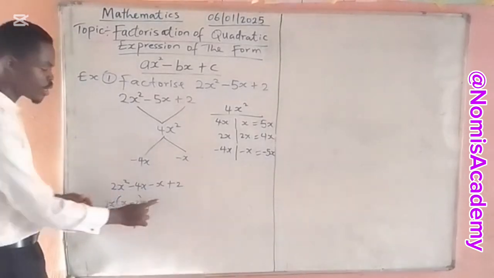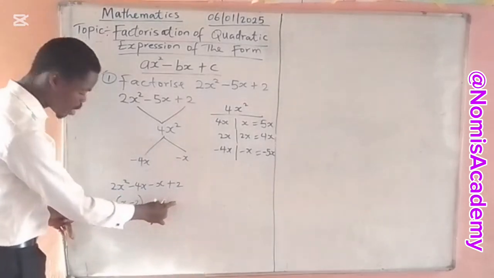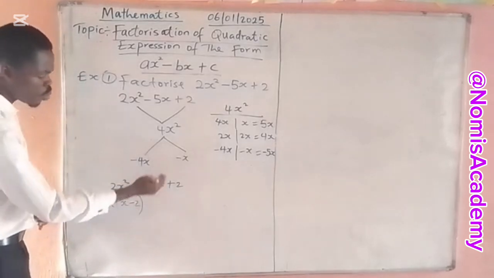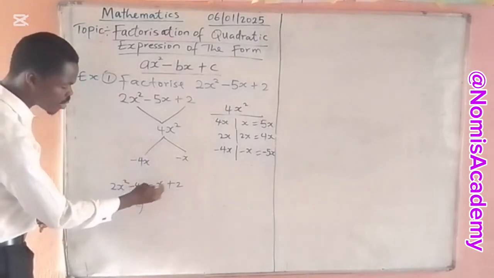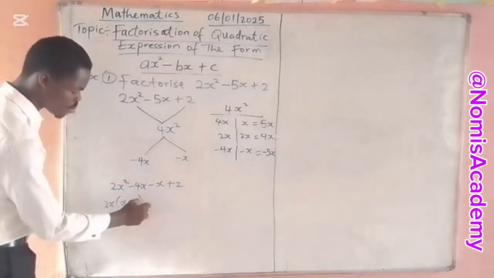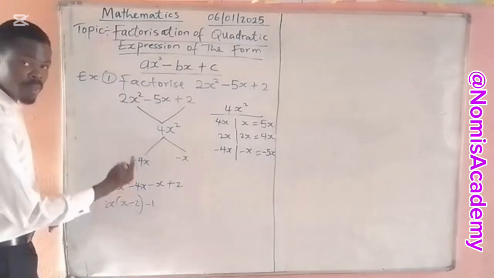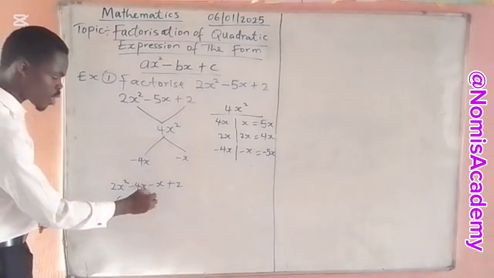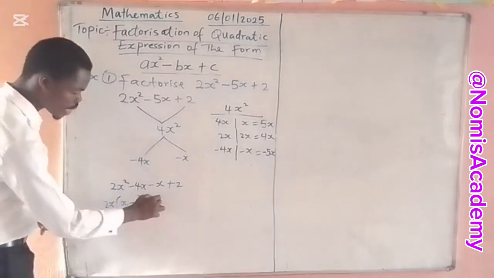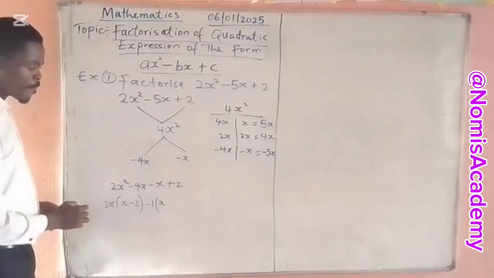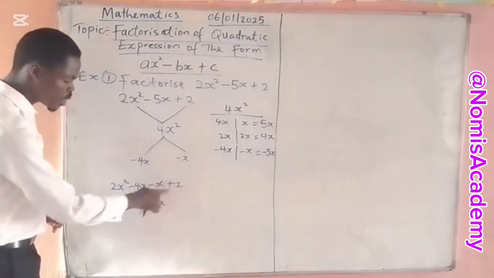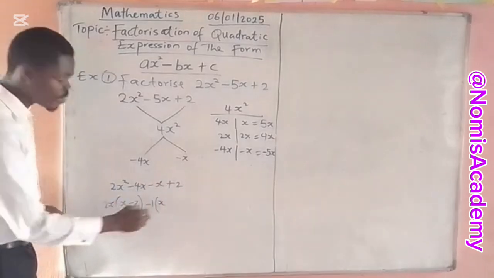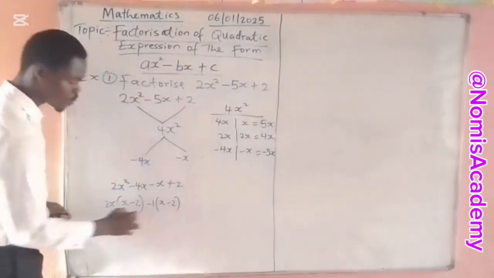So I'm going to restrict the solution here to be the same with this. So what is common between minus x and plus 2 is minus 1. So minus x divided by minus 1 will give me what? x. And then 2 divided by minus 1 will give me minus 2.